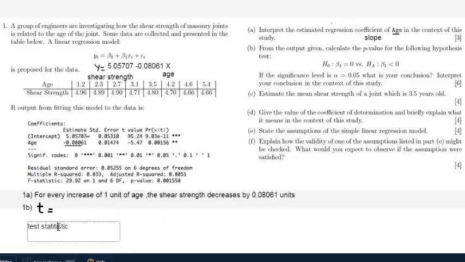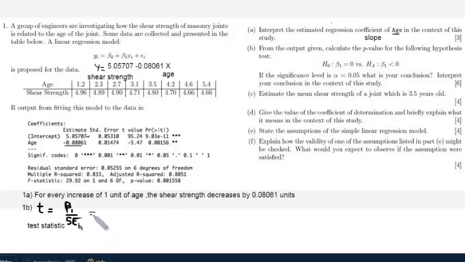So t is equal to beta 1 upon SE, the standard error of the slope.